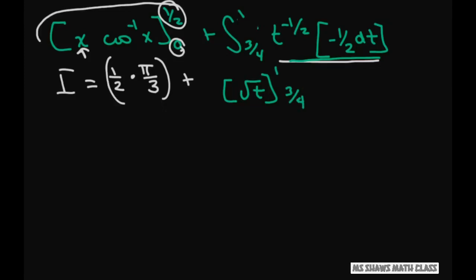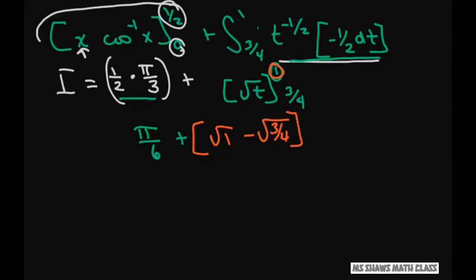So when you multiply this, you're going to get pi divided by 6 plus, and then plug this in first. So this is going to be square root of 1 minus the square root of 3/4. So this is pi divided by 6 plus, that's just 1, minus square root of 3 divided by 2.